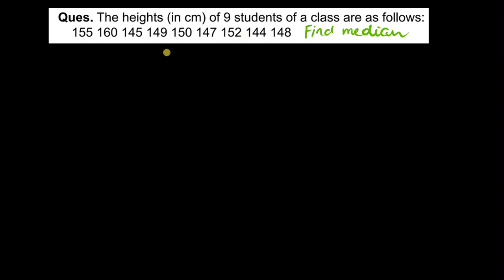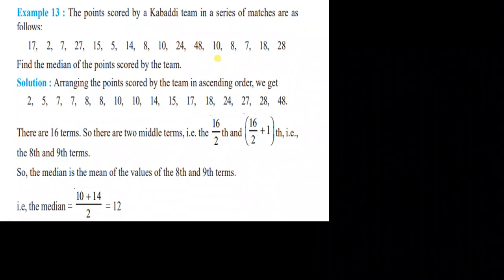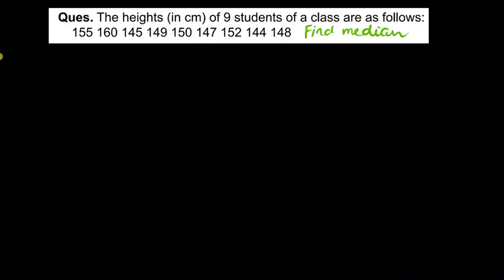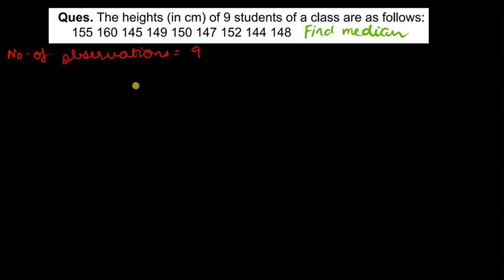Now here the heights in centimeters of 9 students of a class are as follows: 1, 2, 3, 4, 5, 6, 7, 8, 9. Now we have 9 values here, so the number of observations is equal to 9.